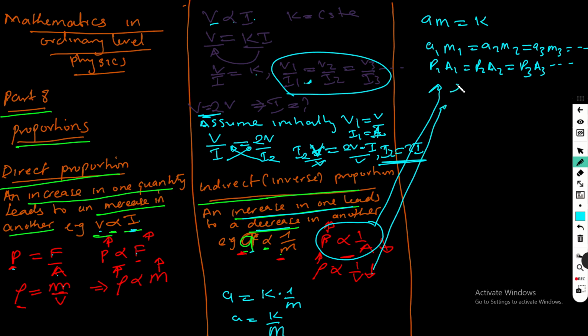You can have rho 1 times V1 equals rho 2 times V2 equals rho 3 times V3, and so on. So every equation that is inverse proportion, this is how it's written. And they can ask you, if I increase the density by 2, for example, what will be the new value now of the volume?